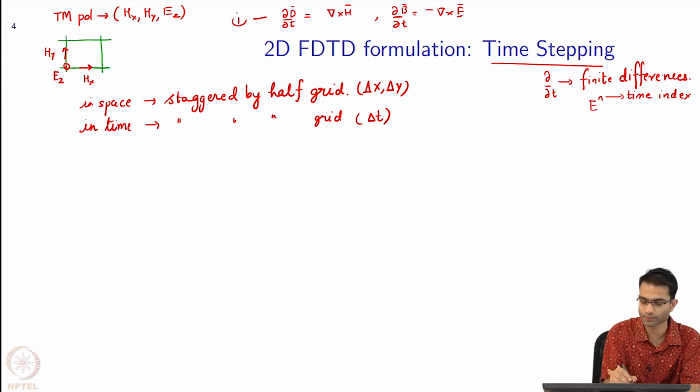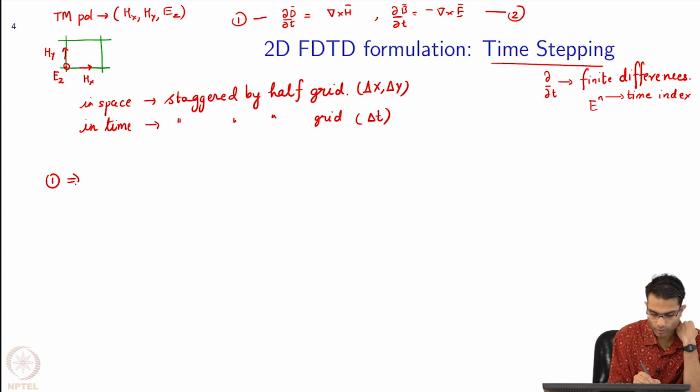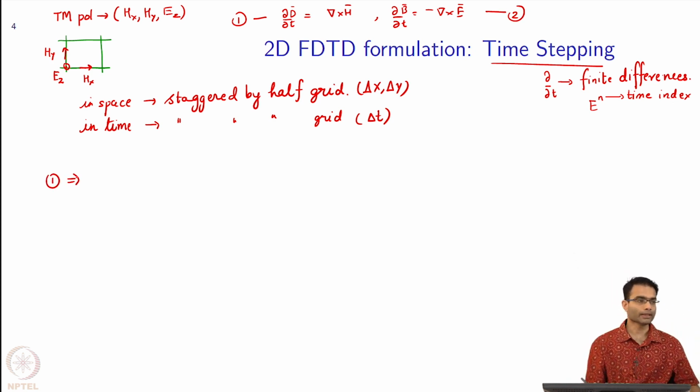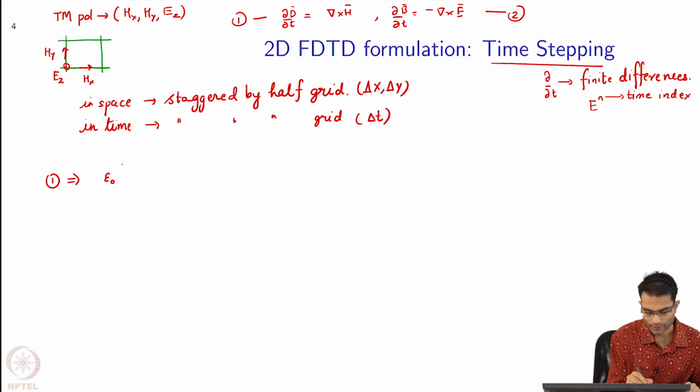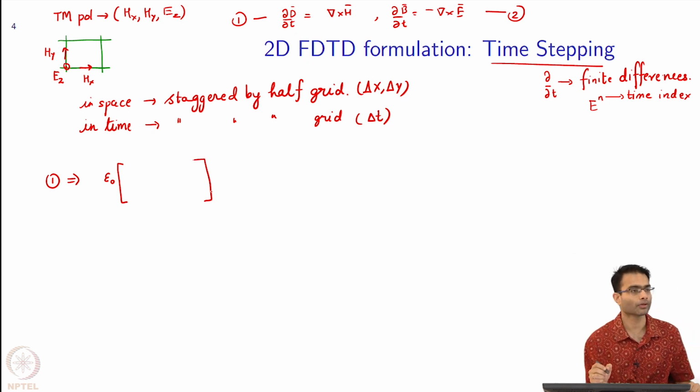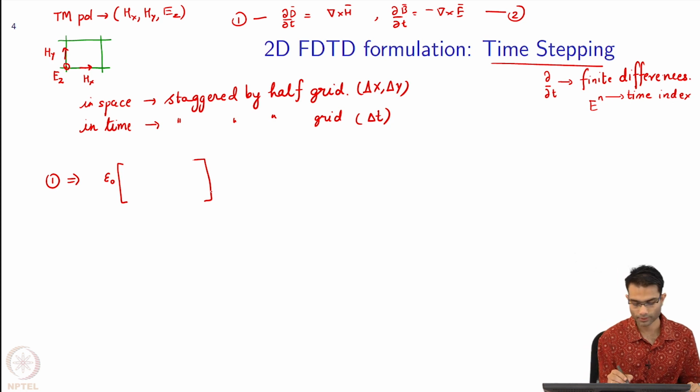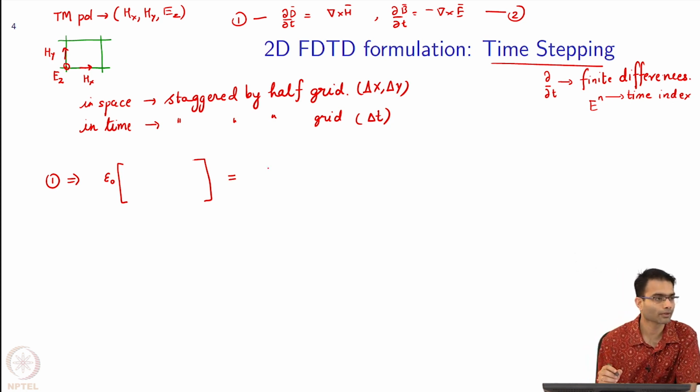Okay. So this is our first equation. This is our second equation. So dD by dt, we'll make the same assumptions about the medium, linear, homogeneous, all of that. So this becomes epsilon, right? Here is where I have to write down an approximation for dE by dt. Right hand side is going to be the curl of H.